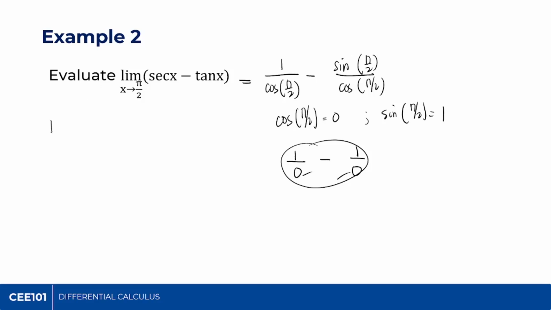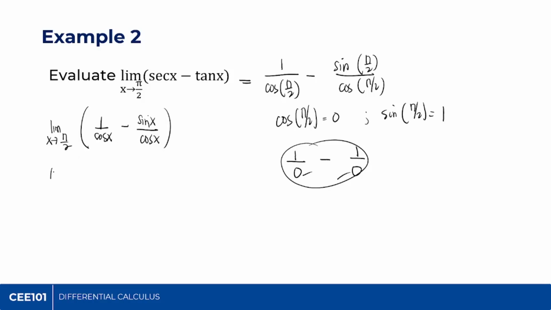But first, we need to find a way na itong secant tsaka yung tangent, mako-combine natin yan. We know that secant is 1 over cosine of x. And we know tangent is sine of x over cosine of x. So we have here two fractions having the same denominator.